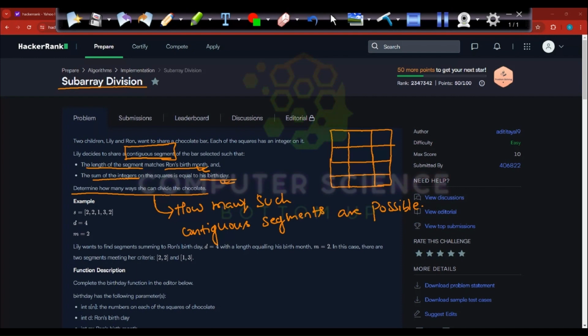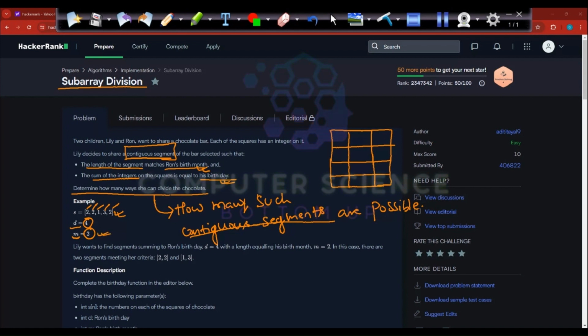Like for example, if you look at this, these are the integers on every square. Okay, D is, let's say, birthday and M is the birth month. So birth month is 2 and birthday is 4. Then what you have to find out? You have to find out all such contiguous elements such that the sum of integers is going to be 4 and the length is going to be 2.